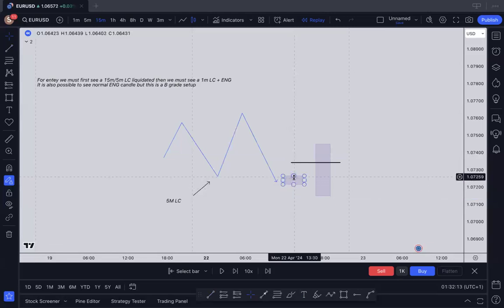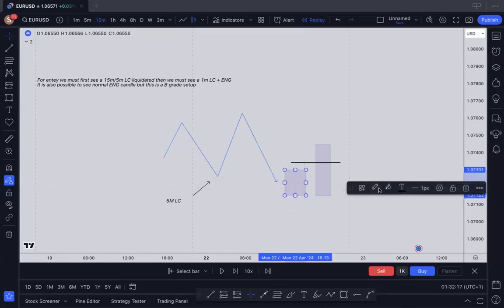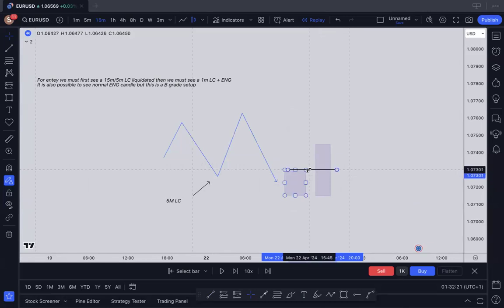What if it is just like a normal candle, like so? Then this is a B grade setup. Now, this must come and take out the high of this as well. However, this is a B grade setup and you can still take them, as sometimes these do work. However, the best setup if you want the highest win rate is a liquidity candle.